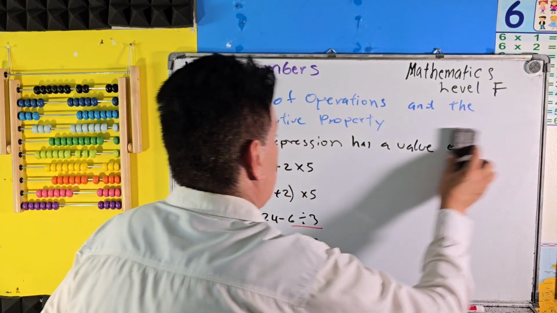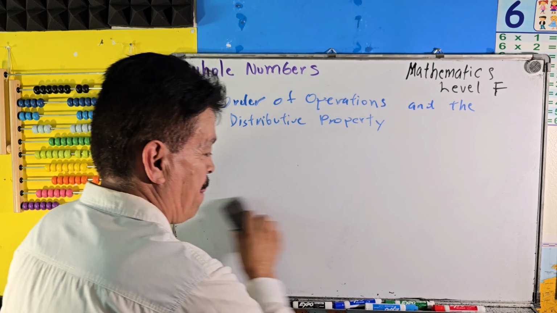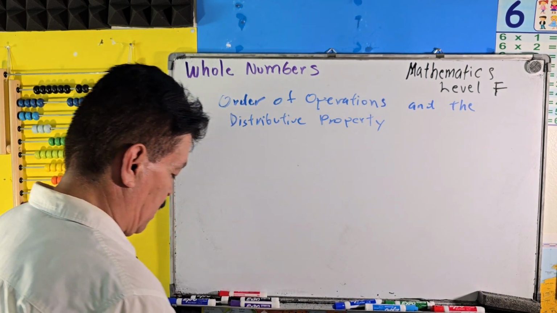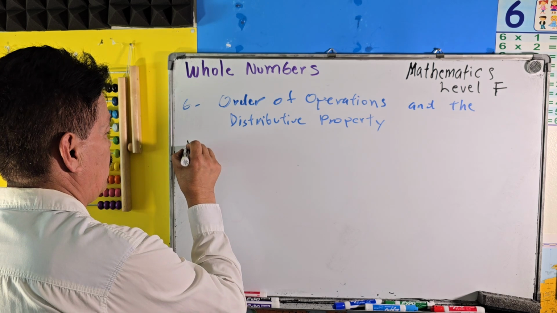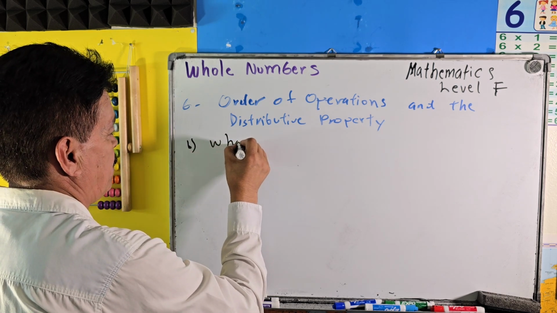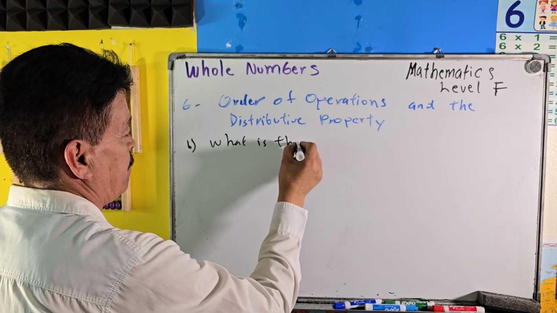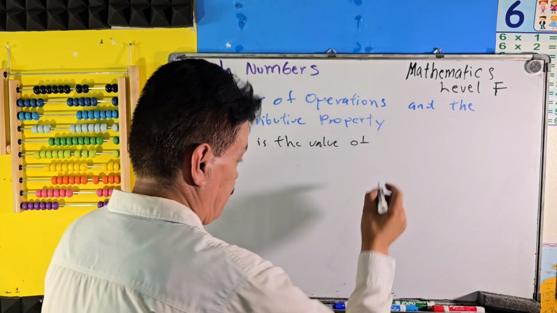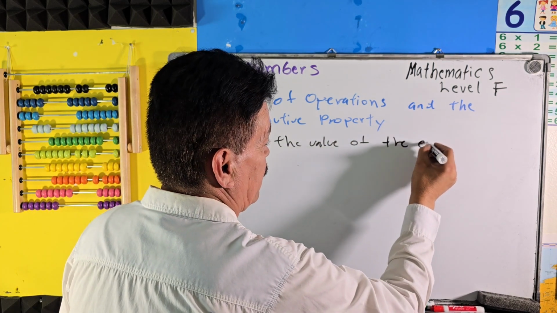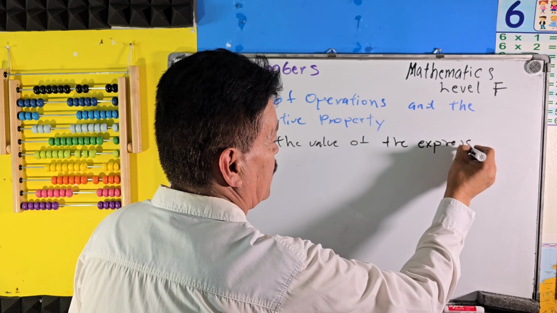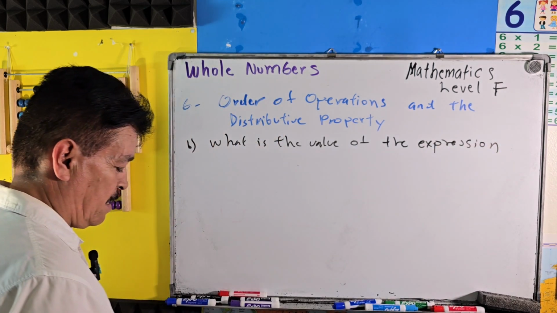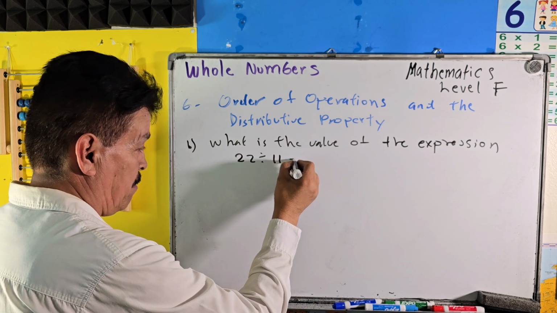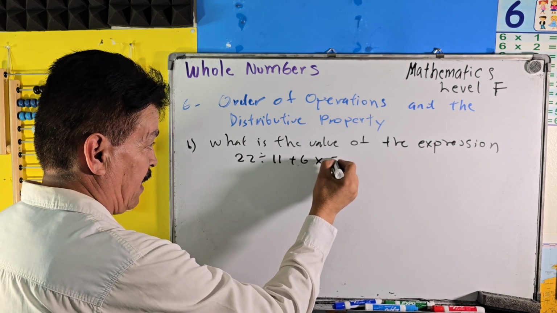So let's do another question. What is the value of the expression 22 divided by 11 plus 6 times 5?